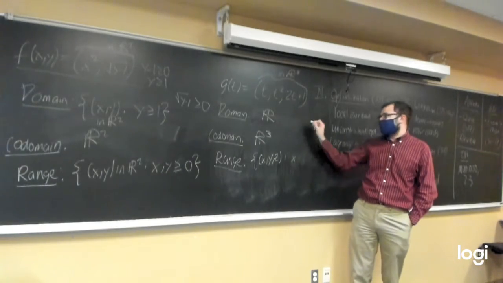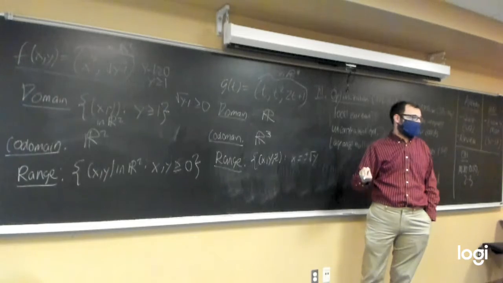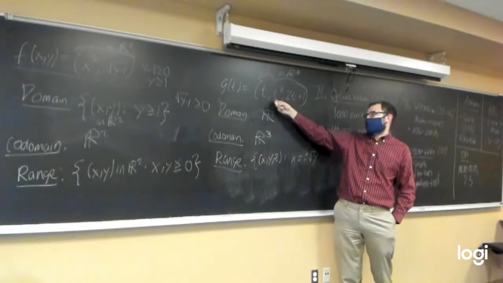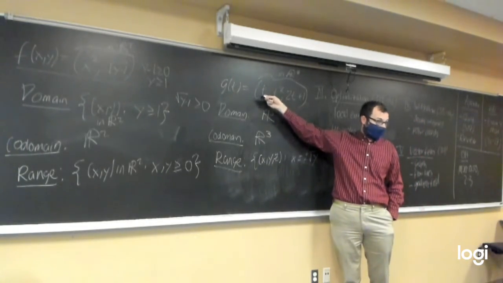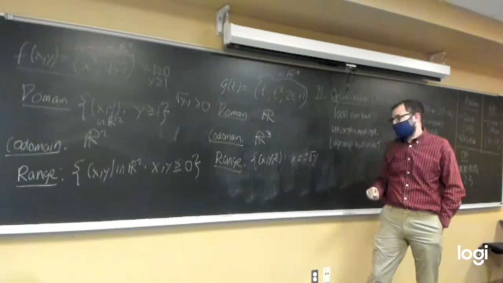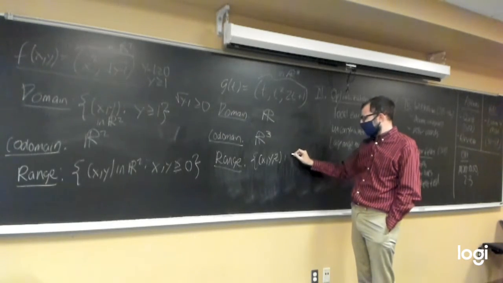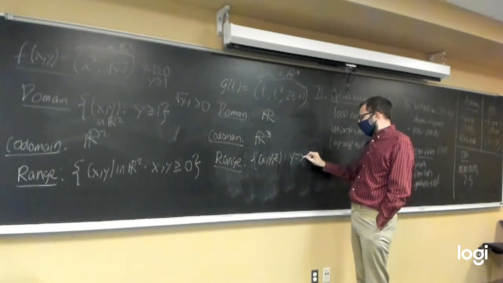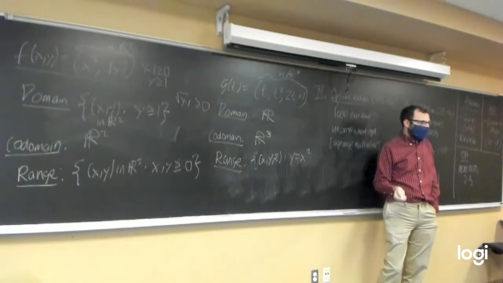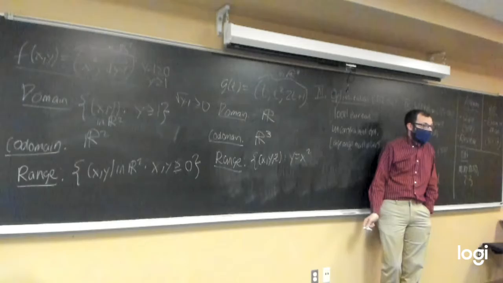Technically, if you wanted to say x is equal to the square root of y, you would need a plus or minus, because it's totally possible to have a negative value for x and a positive value for y. So you can either say x is plus or minus the square root of y. I like y equals x squared just a little bit better, just because I don't like having to write plus or minus if I can avoid it.